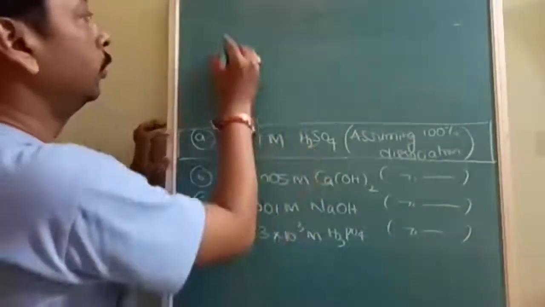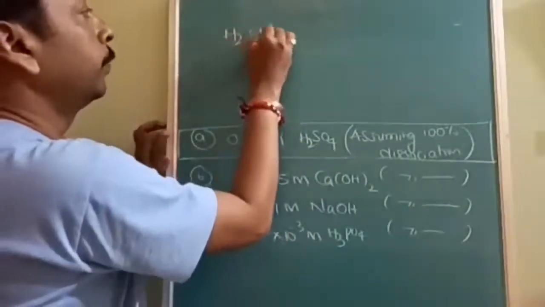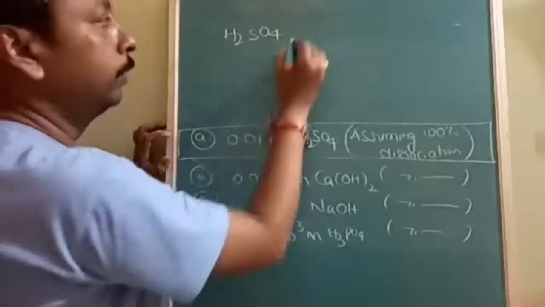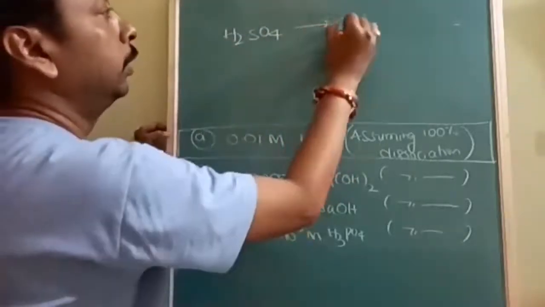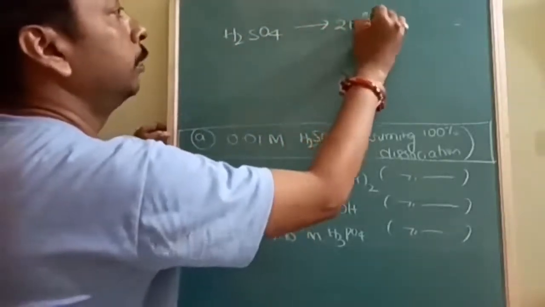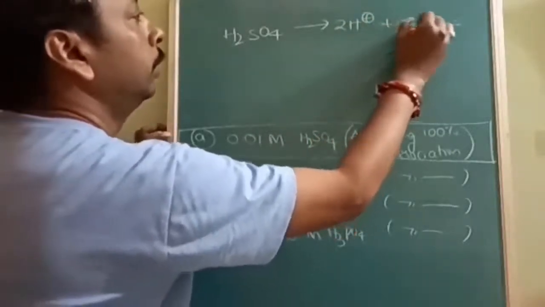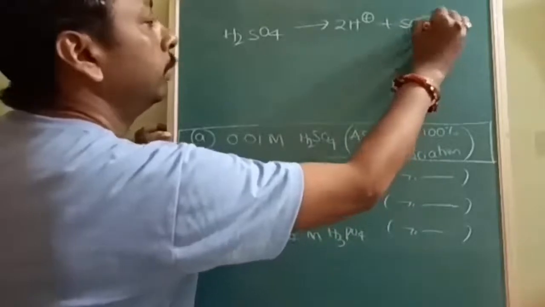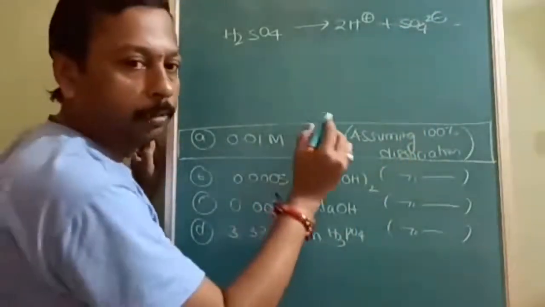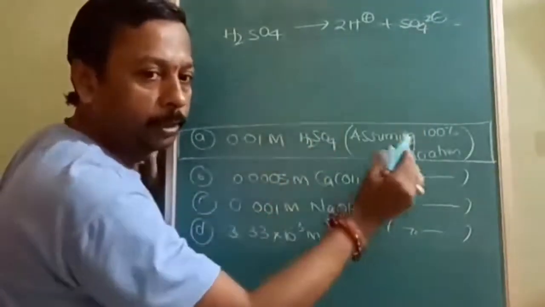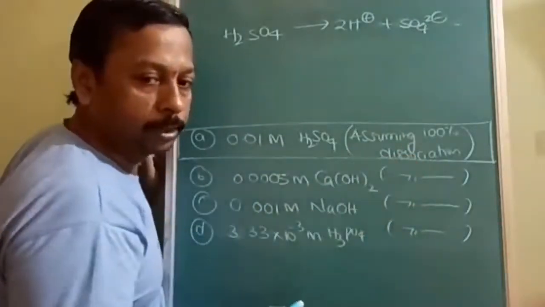Once you know the concept, then you can worry about it. H2SO4 gives 2H plus and SO4 2 negative. This is the reaction. See here carefully, I have written a single arrow. Why? Because 100% dissociation is given.